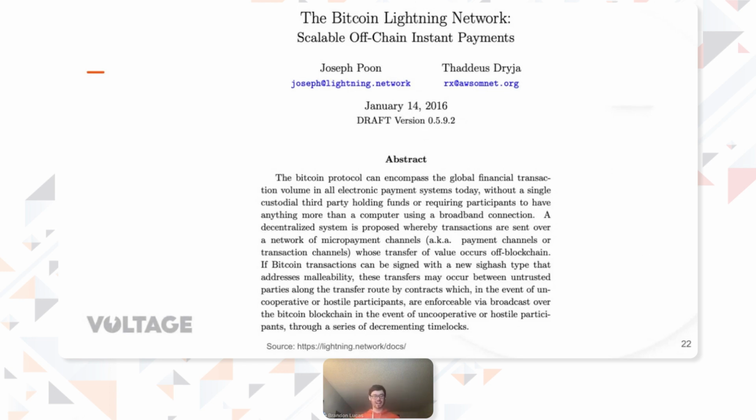You can kind of tell they didn't know what term was going to catch on. The term that has caught on is payment channels, but throughout the article, they refer to this as micropayment channels, right? So from the very beginning, micropayments were a central thought on what the Lightning Network should enable.